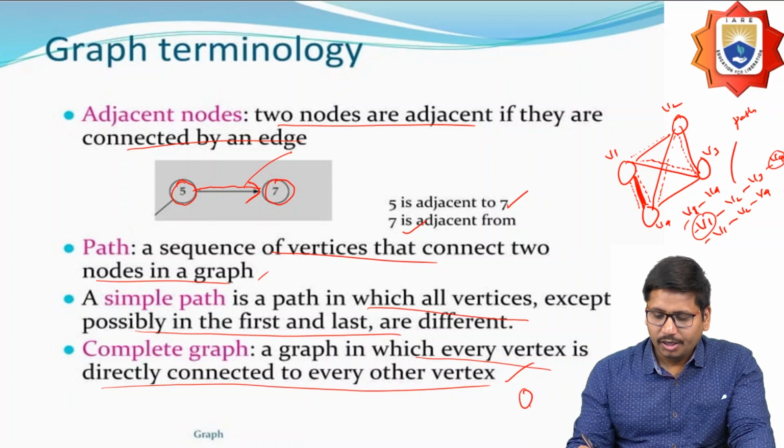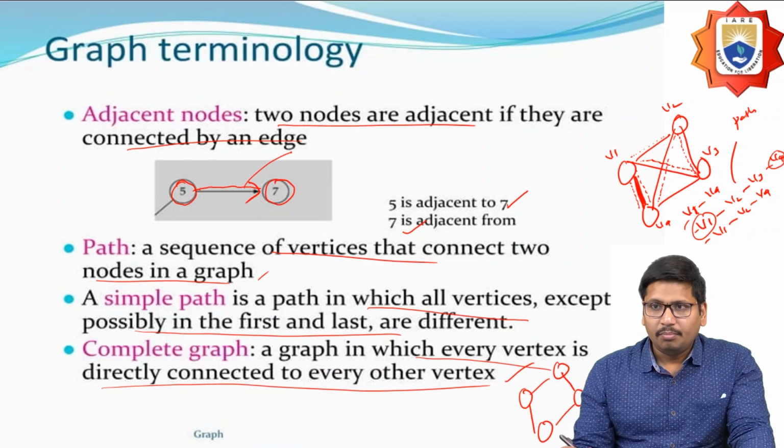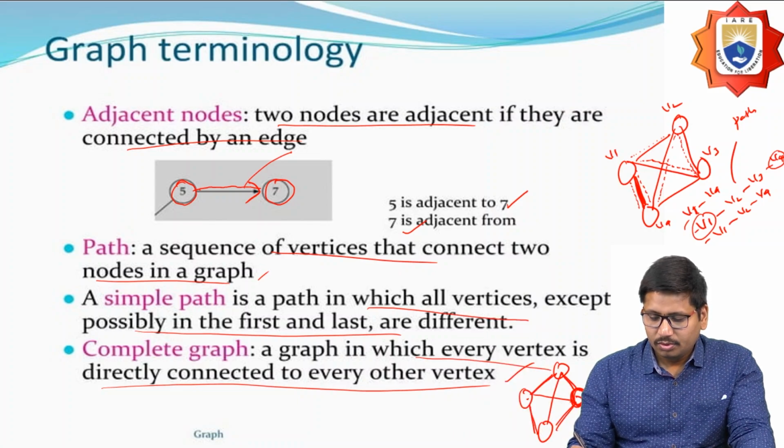Suppose I take a graph like this, this is not a complete graph, because for every vertex there should be a corresponding edge to every other vertex. If I consider this one and this one, this should be treated as a complete graph.